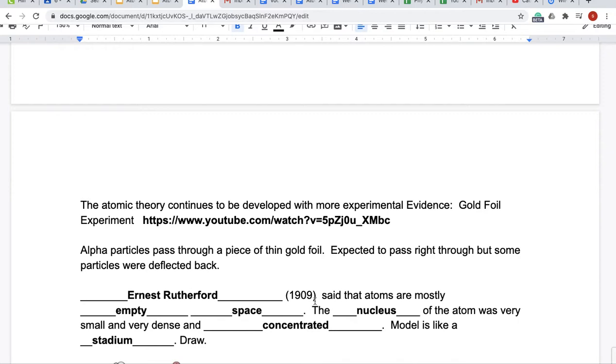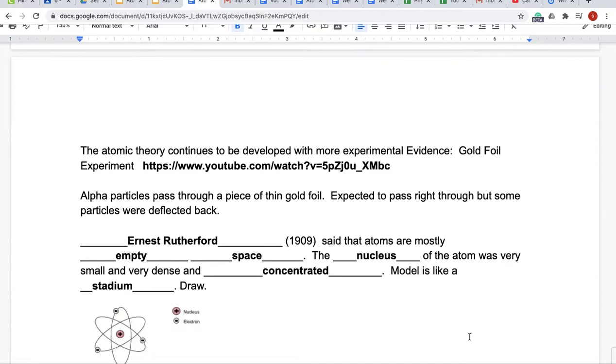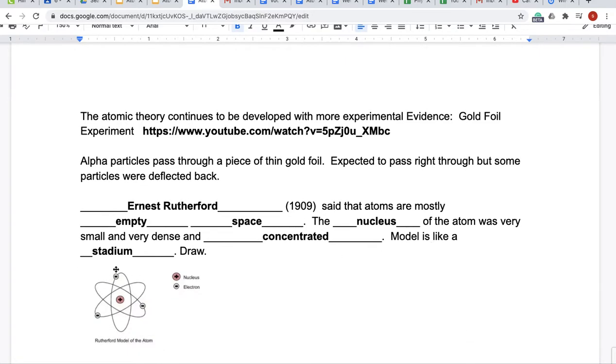So Ernest Rutherford in 1909 said that it was empty space, but he also said there was a nucleus of an atom that was very small and very dense and concentrated right in the middle of the atom. And so his model was actually like a stadium. So why do I say it's like a stadium? Because think of yourself throwing a penny and having the penny land in the middle of the stadium.